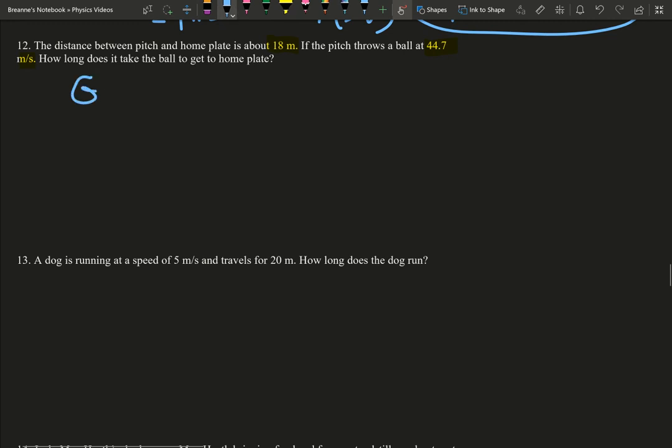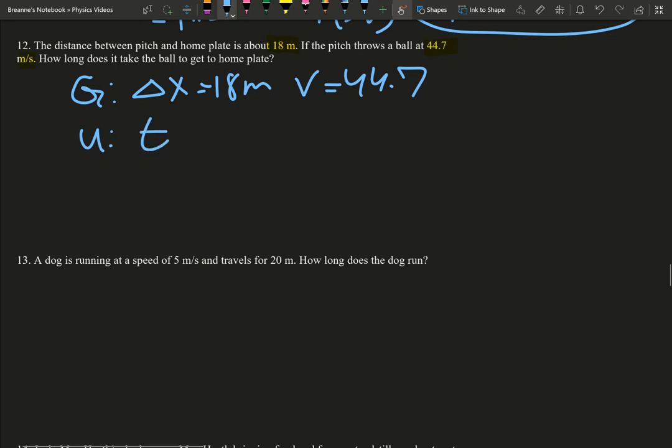We only have two givens. We have the distance to home plate, and we have the ball's velocity. And we're looking for time. There's only one equation that really works for this. So it would be your velocity equals displacement over time.